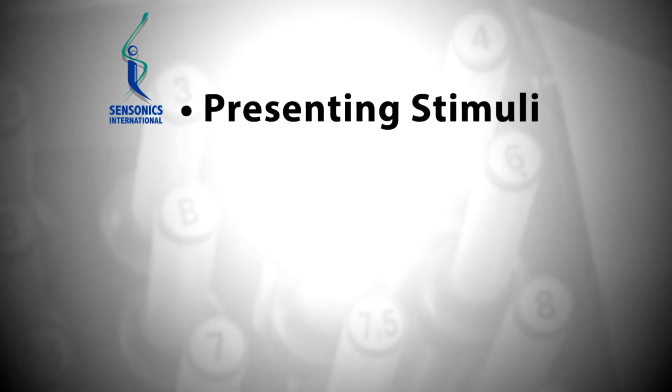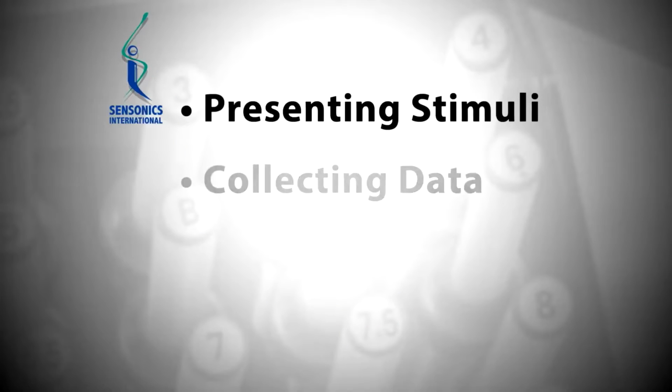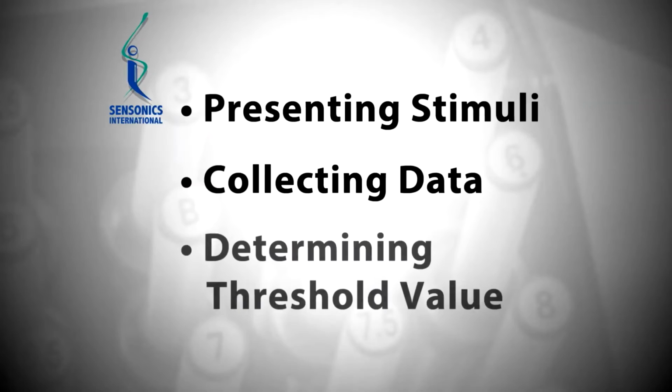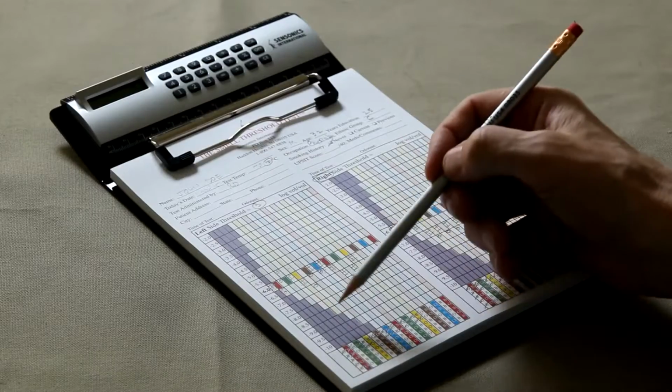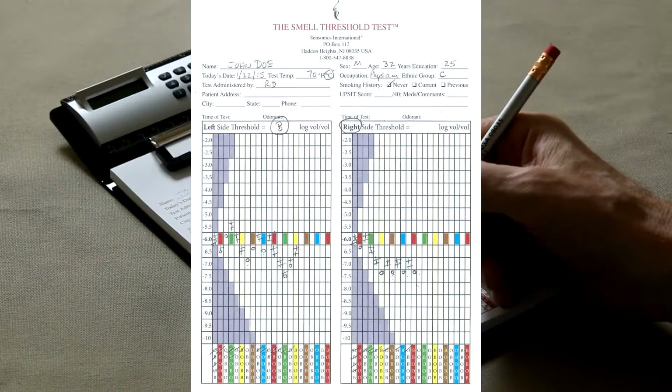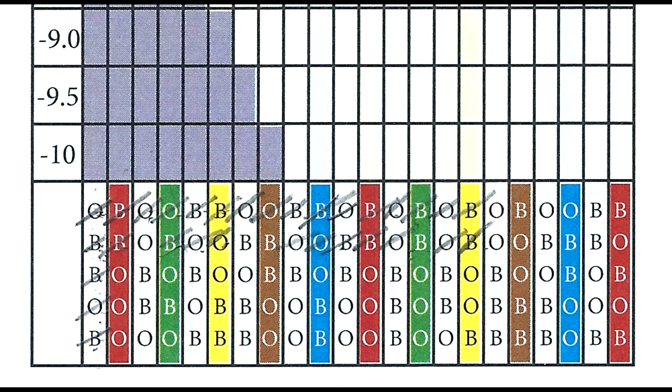I will now explain how we presented the stimuli and the procedure for collecting the data and determining the threshold value. So first of all, you'll notice at the bottom of this sheet, there are O's and B's. O means down that trial, you present the odor first and then the blank. On the next trial, the B would be you present the blank first and then the odor.